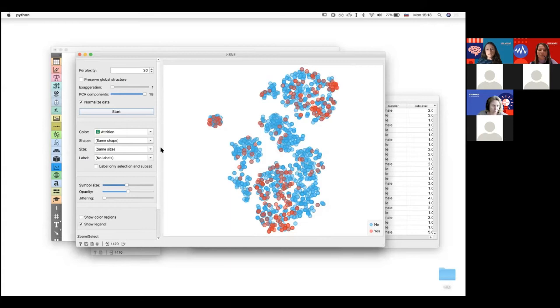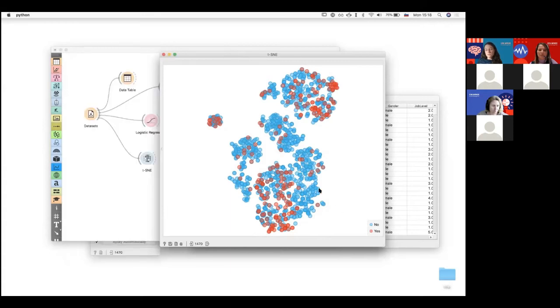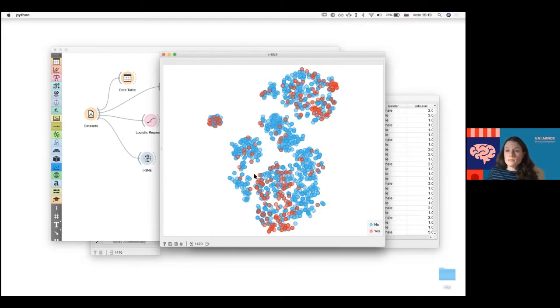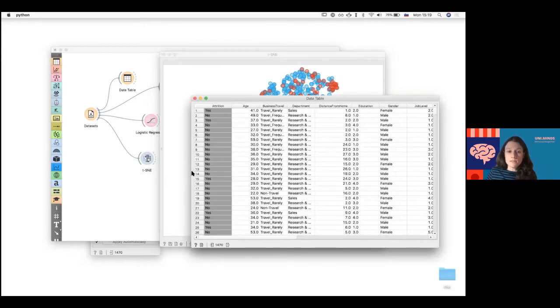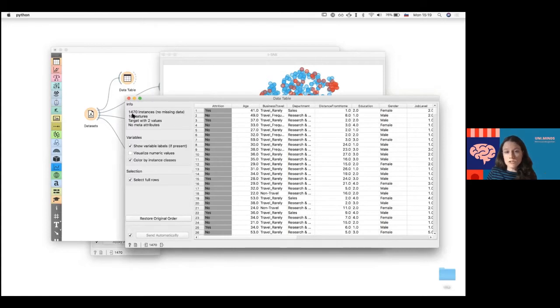Blue dots are those that stayed in the company, and red dots are those that left. Now what a lot of classifiers, not all of them, but logistic regression certainly does, is it tries to find some kind of split between red and blue data points. Of course, here, as a human being, you wouldn't be able to draw a simple line and just cut red points from blue points. Of course, the data space that we talk about has 18 dimensions, because it has 18 features.